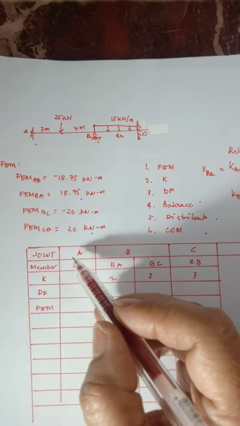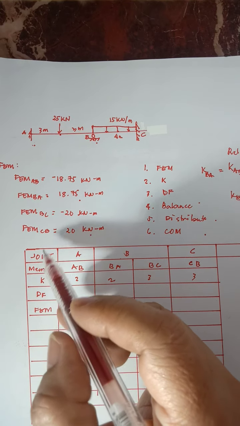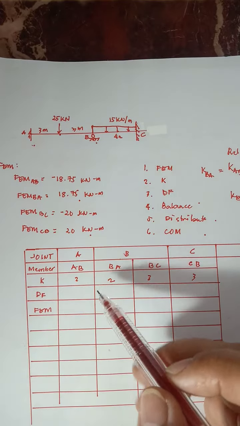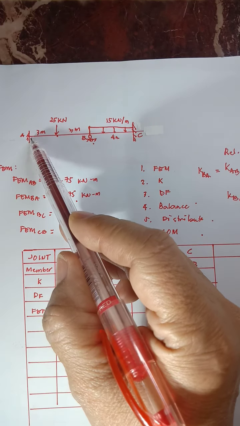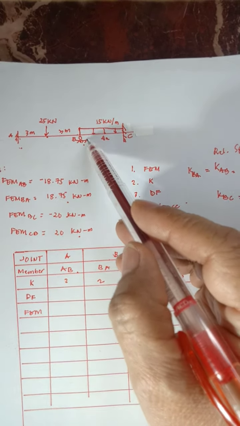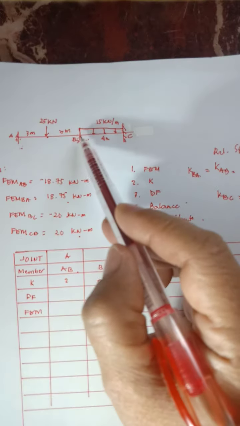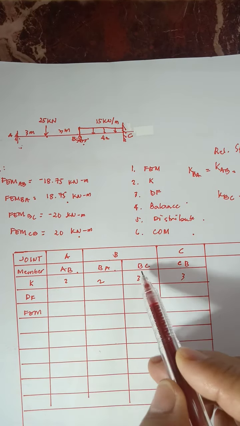So this is our table, we have the first row, joint, and we have joints A, B, C. And member, at joint A, the member connected is AB. At joint B, the members connected are BA and BC. At joint C, you have only member CB.